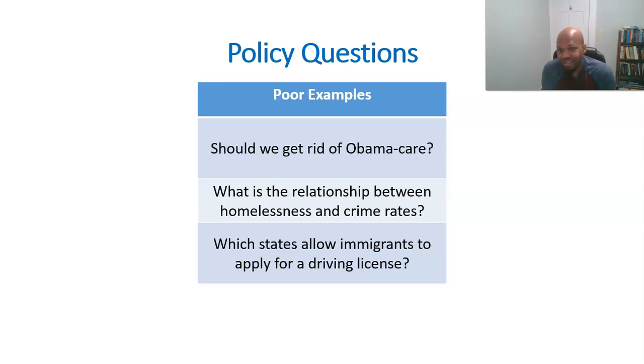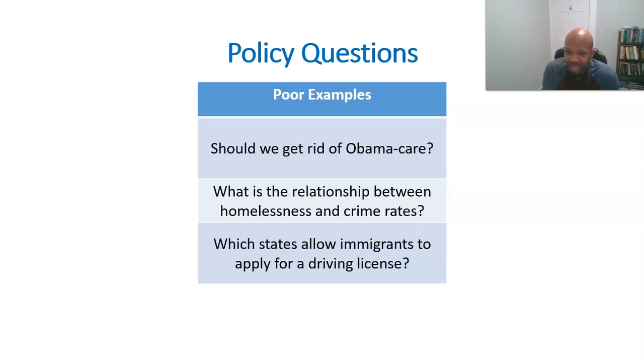A policy analysis goes much broader than just opinions, right? Again, we're gathering facts. What is the relationship between homelessness and crime rates? If you're familiar with statistics, you know that you could run a regression and answer this question fairly quick. It doesn't take a term paper to answer that type of question. It's very specific and finite.